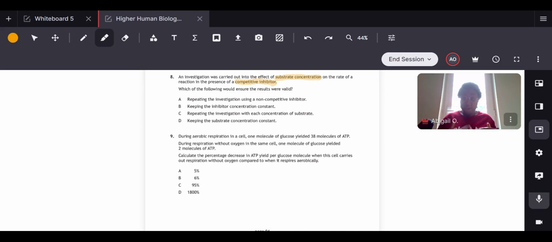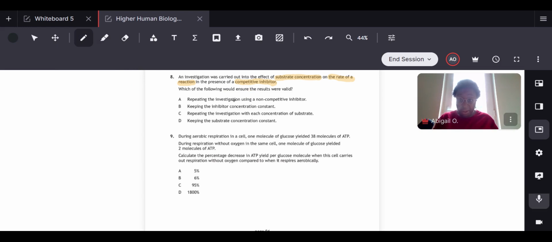Okay? So if we wanted to make sure the results were valid here, we have to think about what we're studying. What we're studying is the substrate and the effect the substrate concentration has on the rate of the reaction. Now they're telling us that we're in the presence of a competitive inhibitor, but they're not telling us that we're changing the concentration of this inhibitor or the volume of the inhibitor or anything like that. So let's think about these options.